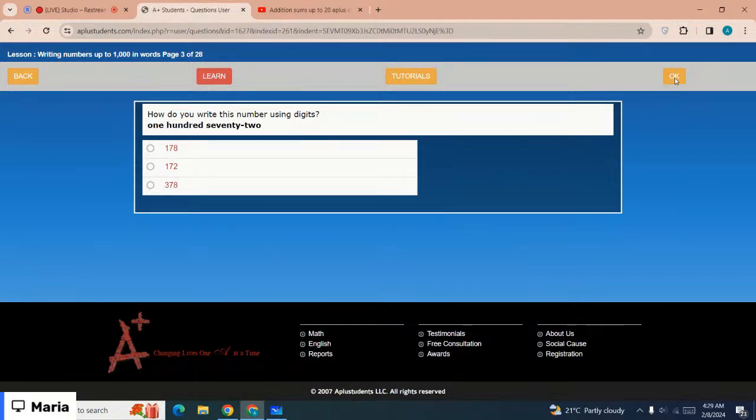The next one is how do you write this number using digits? Which is the correct option? Yes, that's the second one, 172 it is.